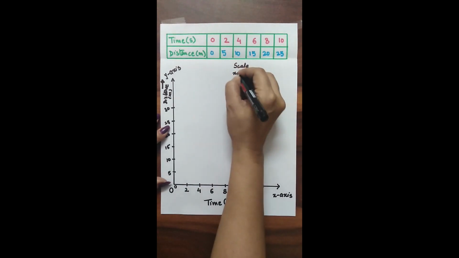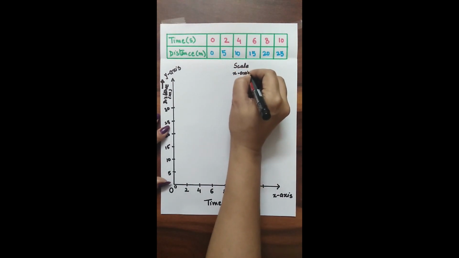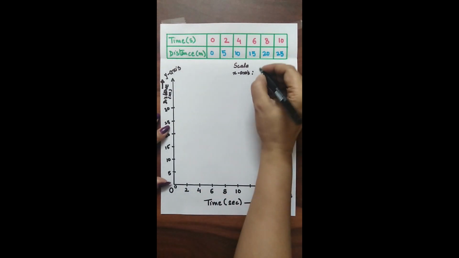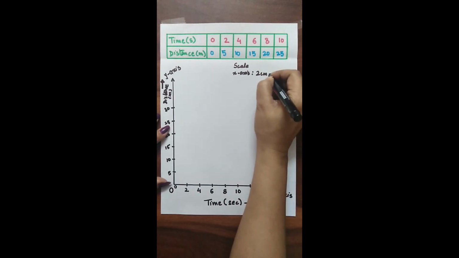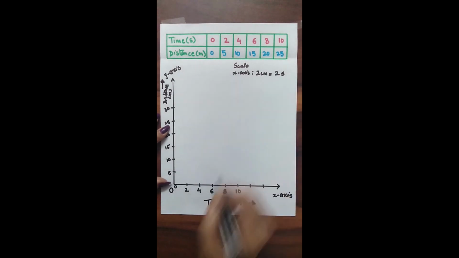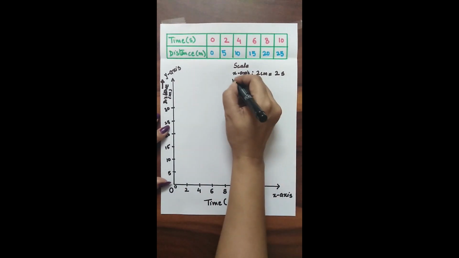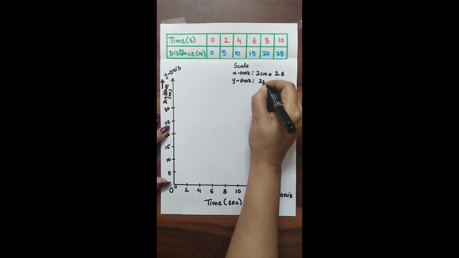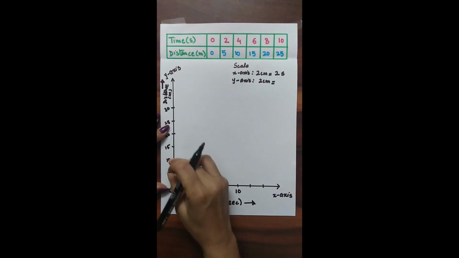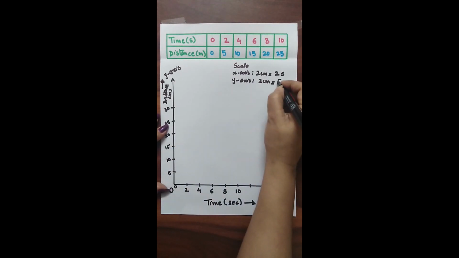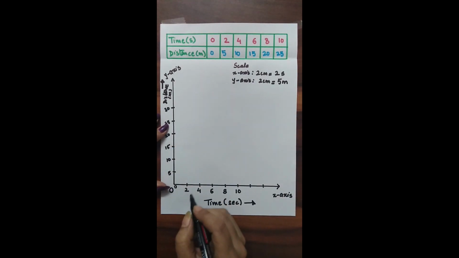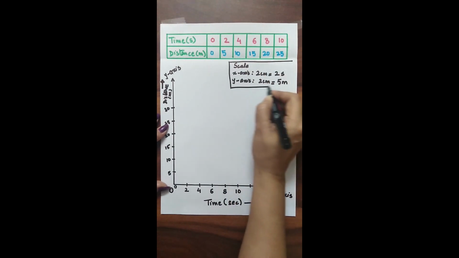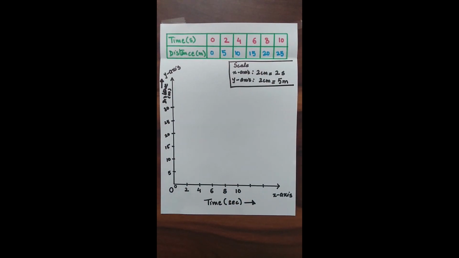On the x-axis we have taken 2 centimeters equivalent to 2 seconds, and on the y-axis again I have taken 2 centimeters only, but that is equivalent to 5 meters. So this should always be mentioned along with the graph.